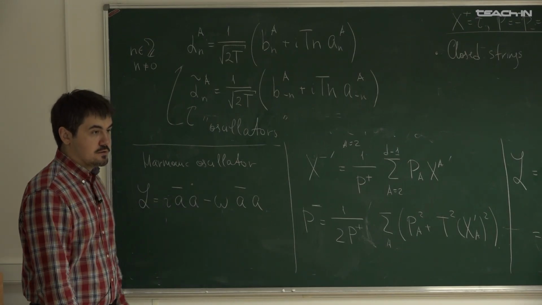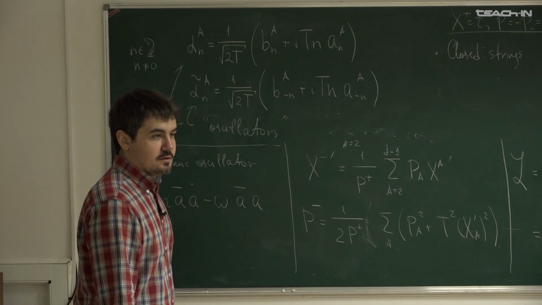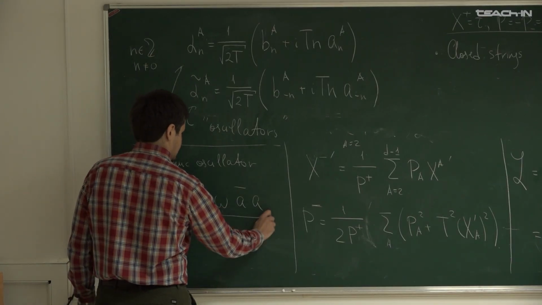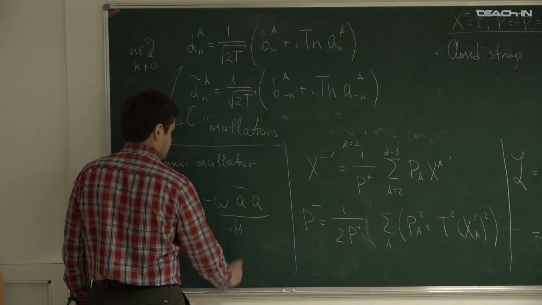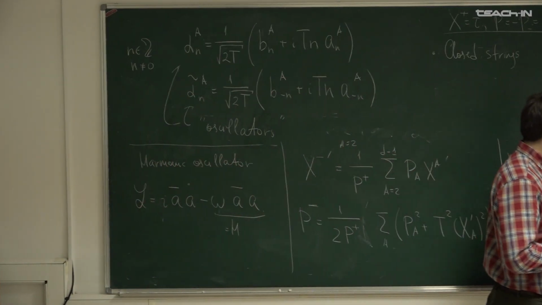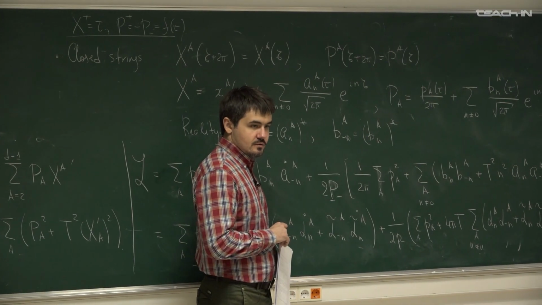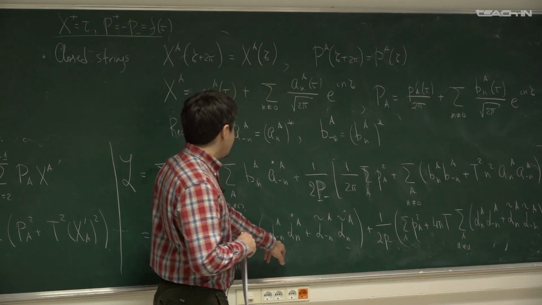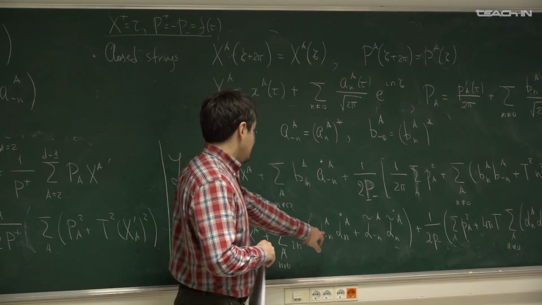That's one way of writing the Lagrangian and Hamiltonian of the harmonic oscillator. So now if you look at this Lagrangian, you see it's an infinite sum of such oscillators. Right? You have alpha_{-n} is alpha_n bar.